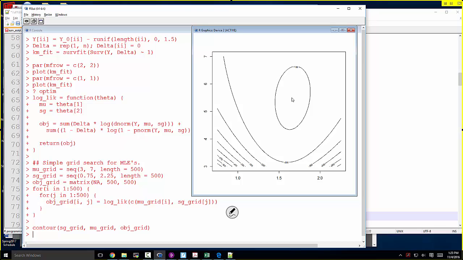If we simulated many, many times, on average, the MLE for mu would be right at 5, and that for sigma would be right at 1.5. But for our specific observed sample of 100 observations, it looks like we have an MLE of about 5.5 for mu and about 1.6 or 1.7 for sigma.